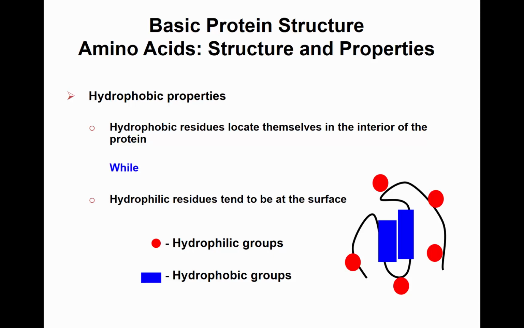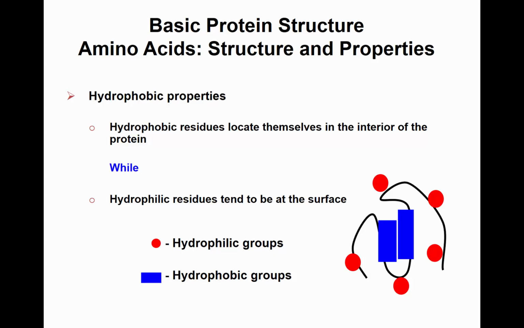We'll talk about free energy in a minute, but when the primary sequence of a protein is formed, and the primary structure is basically the amino acids in a sequence, that's the first structure, you have a lot of free energy, but you also have hydrophobic residues and you have hydrophilic residues. That means you have hydrophobic amino acids and hydrophilic amino acids.